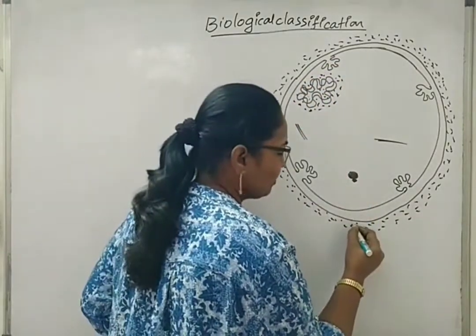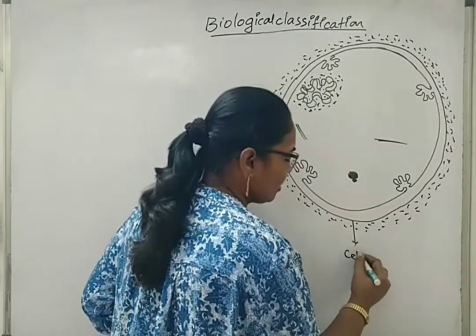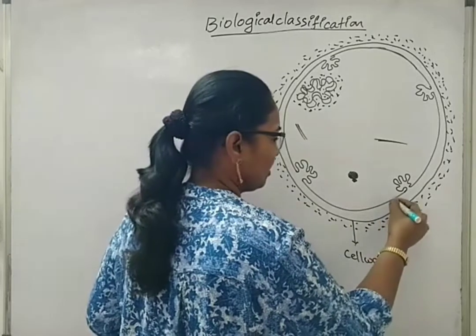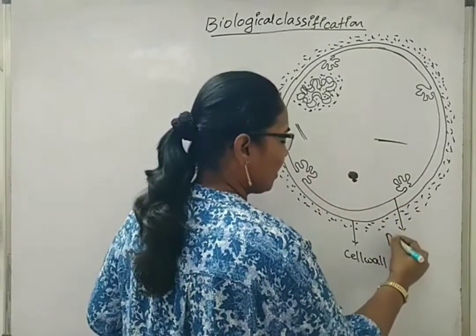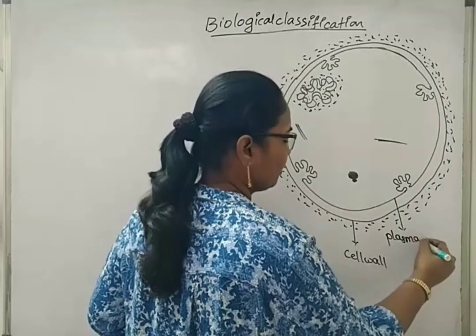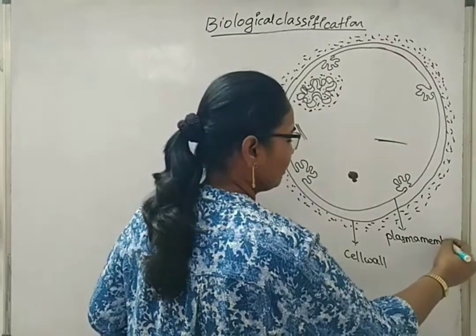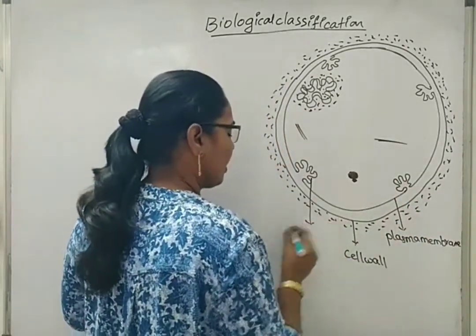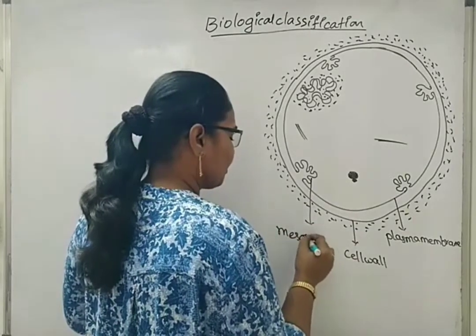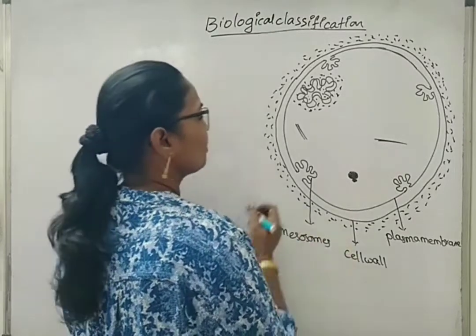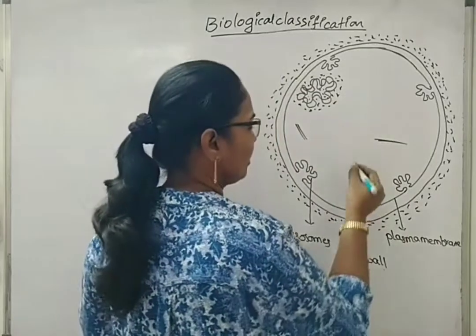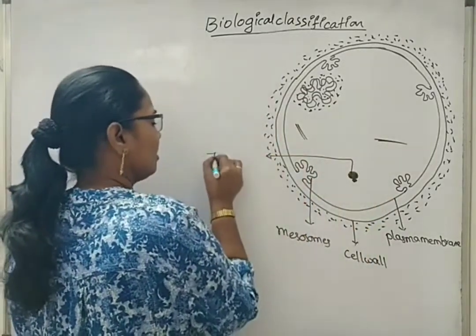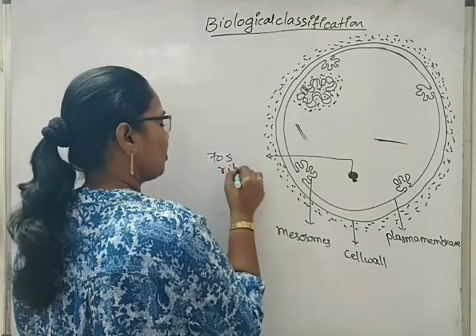Let's label this one. This is the cell wall of bacteria. Innermost one is the plasma membrane. These are called mesosomes. This is 70S ribosomes.